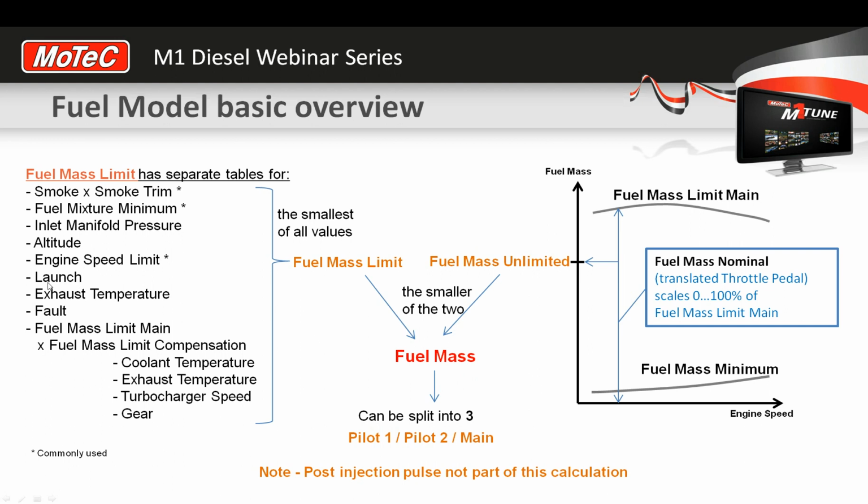Then we can control fuel mass based on launch, and fuel mass based on exhaust temperature. You can imagine that's quite simple: EGT gets too hot, just take fuel out. It's good to mention here, completely unlike petrol, when you take fuel out of a diesel, you reduce exhaust temperatures, everything gets safer, it gets leaner, everything cools down and power goes down.